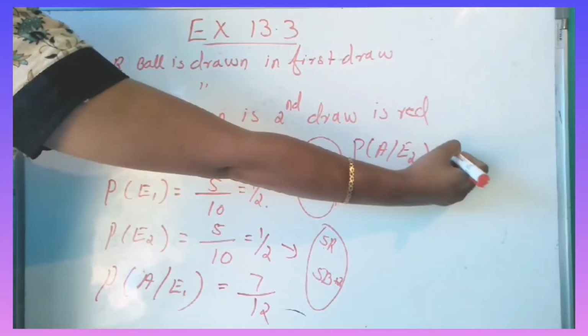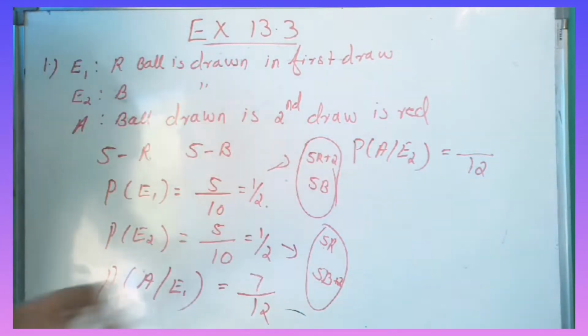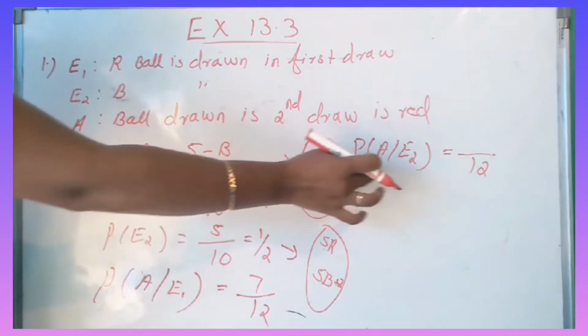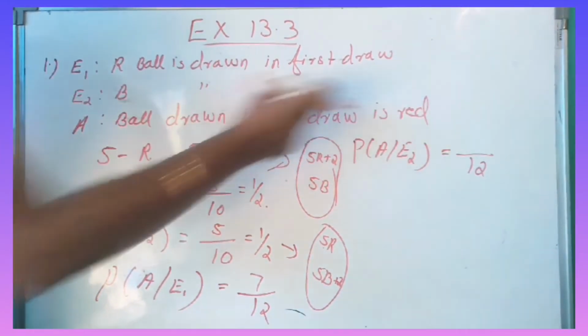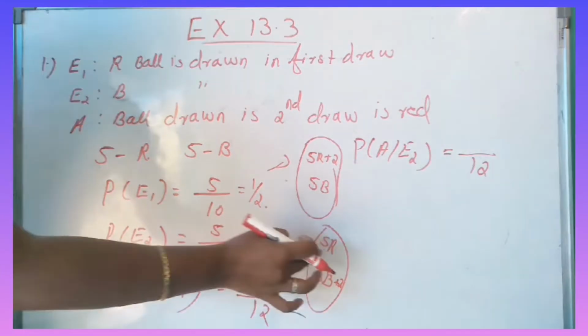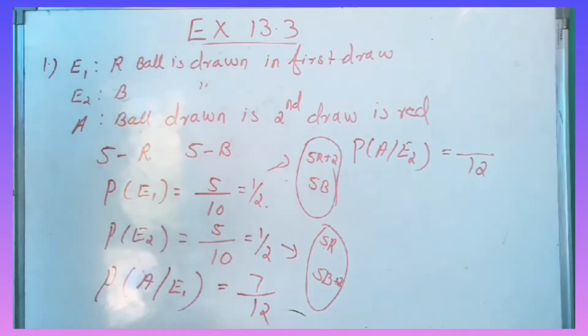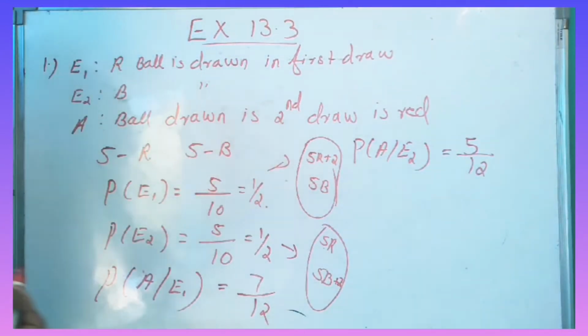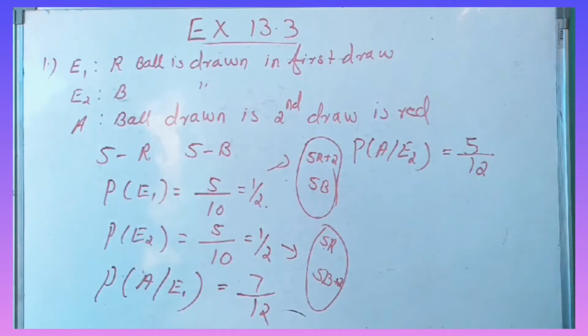Total number of outcomes is equal to 12. Now A means we need to get a red ball. What is the probability of getting a red ball? We have only 5 red balls, so this is 5 by 12. Okay. P of A given E2 is equal to 5 by 12.